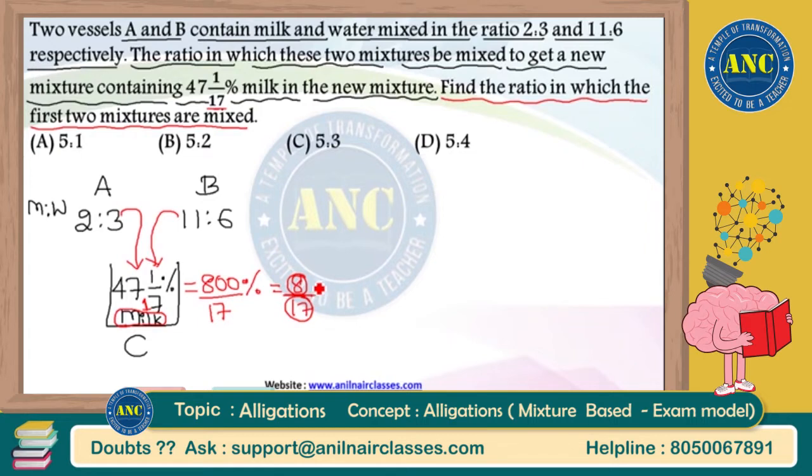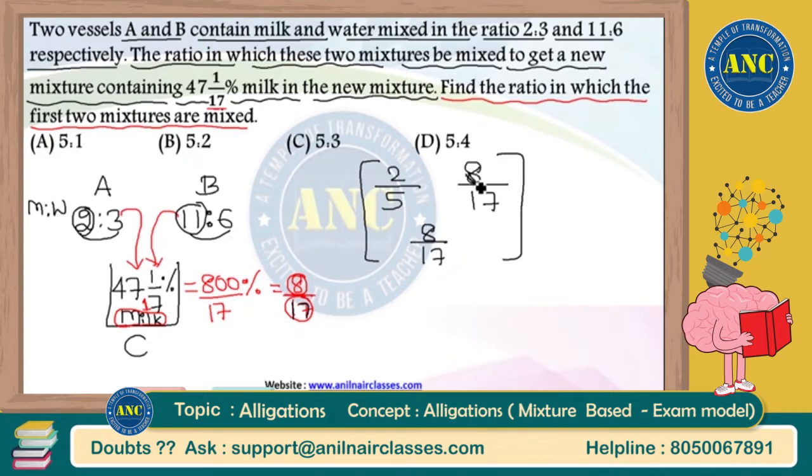That means out of total 17 liters, 8 liters is milk in vessel C. Now, if I combine everything, out of total 2 plus 3, 5 liters, 2 liters belongs to milk in vessel A. Out of total 11 plus 6, 17 liters, 11 liters belongs to milk in vessel B. Similarly, out of total 17 liters in vessel C, 8 liters belongs to milk in vessel C.